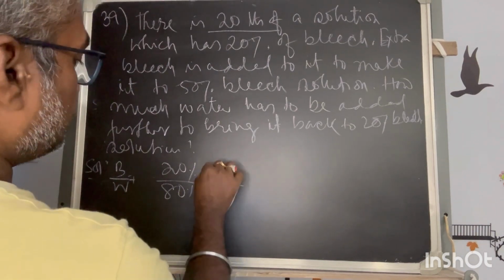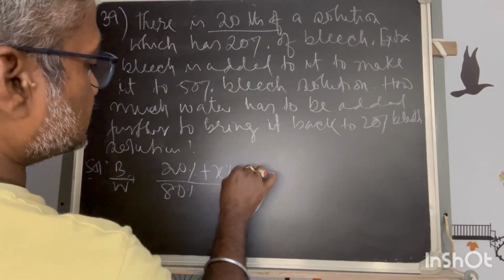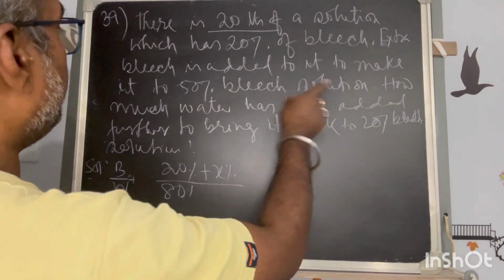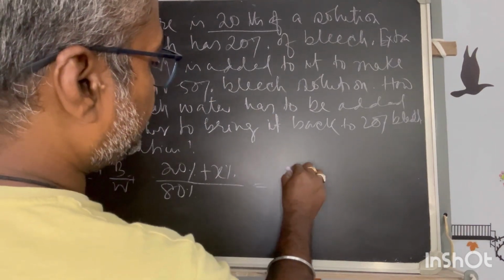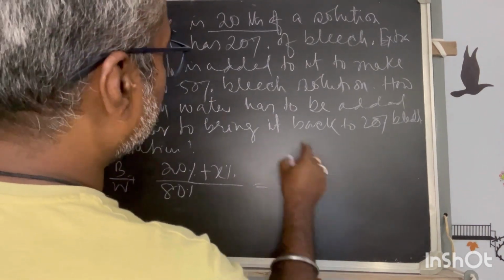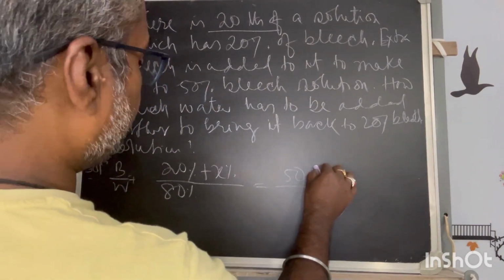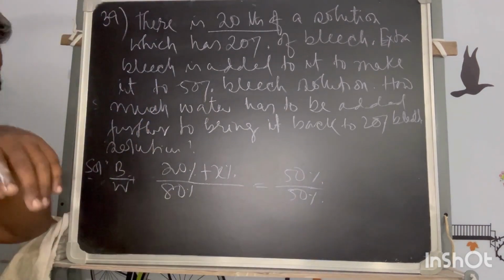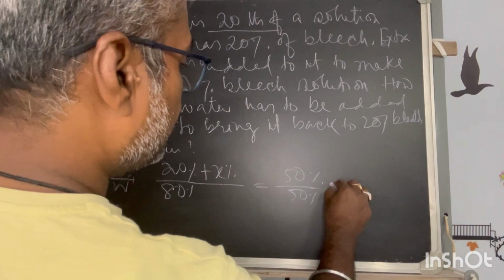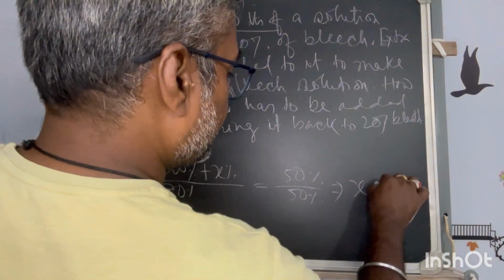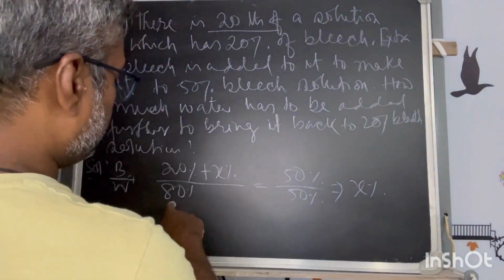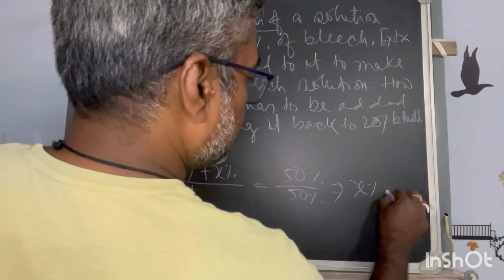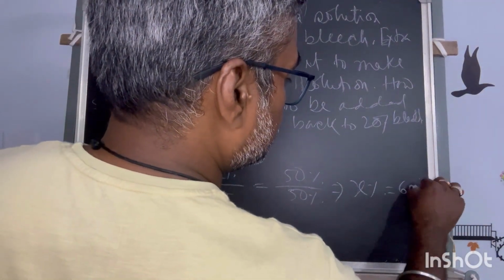Let me say X% bleach is added to make it a 50% solution. So 50% bleach solution means 50% bleach and the remaining 50% will be water. So from this, what we will get? X is, this 50/50 is 180, and then X% is equal to 60%.